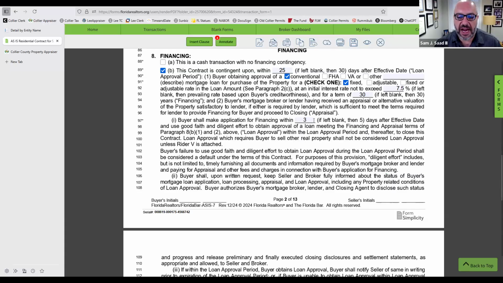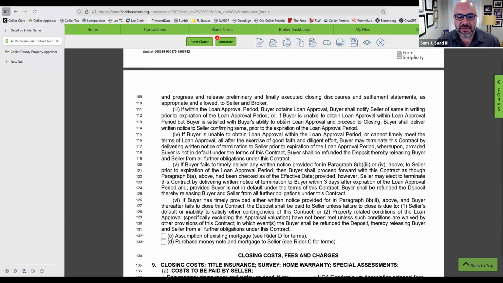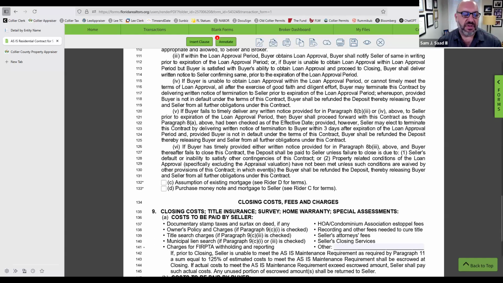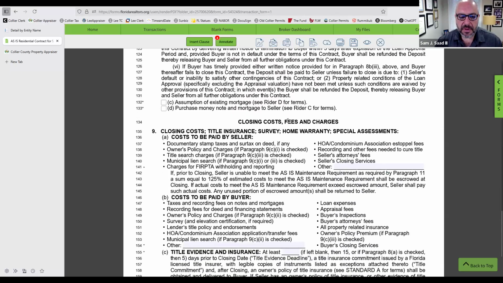So giving 3 days shouldn't be a big deal because in a finance transaction, hopefully you've already met with and spoken to the lender. So this fills in the terms of the financing. Like I said, we're not doing a deep dive on financing today. I have another class for that coming up in a couple of weeks. But we got our financing terms.